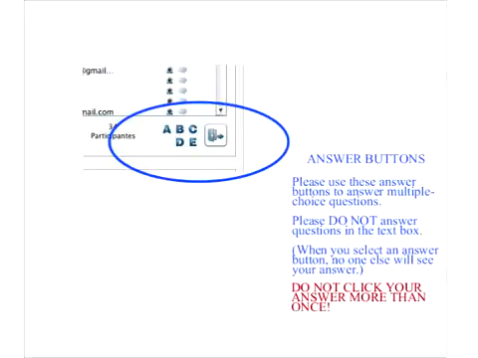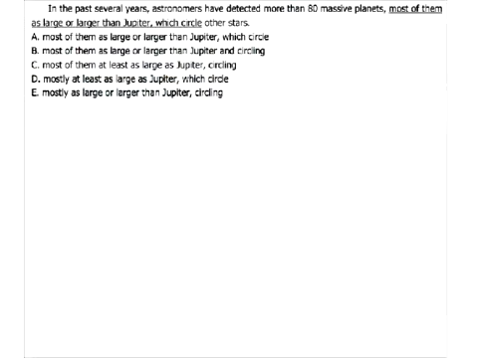By the way, all problems in today's session are from GMATprep software. So let's do it. Here's your first problem. And again, please use the answer buttons to solve and indicate your answer.